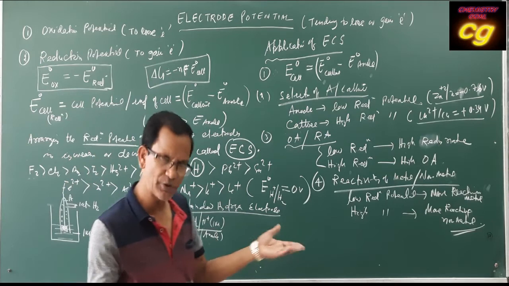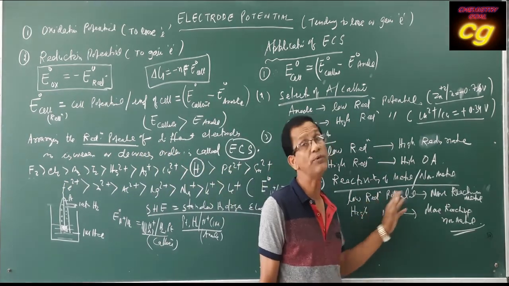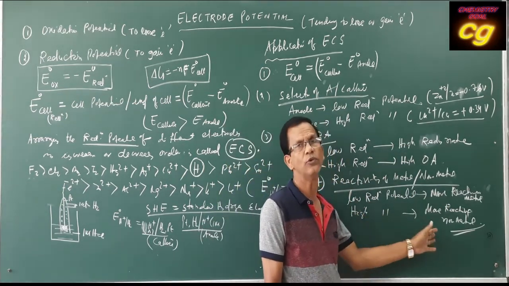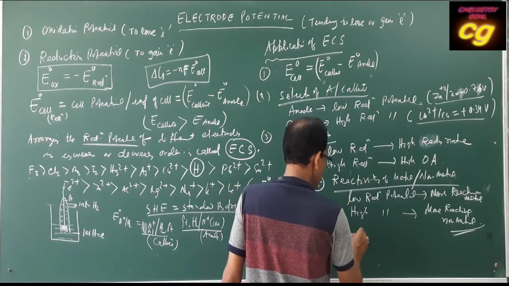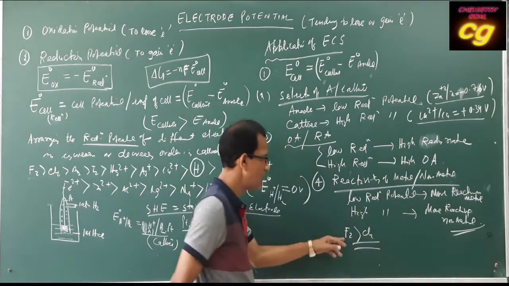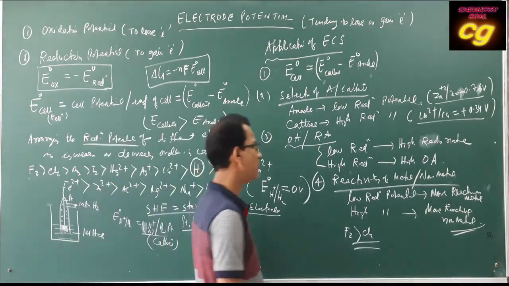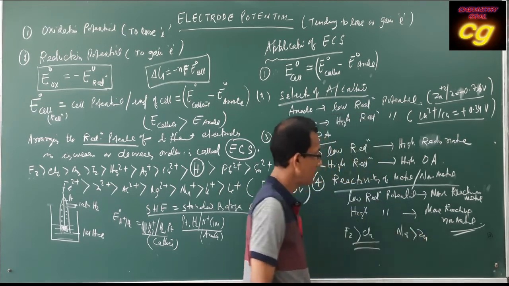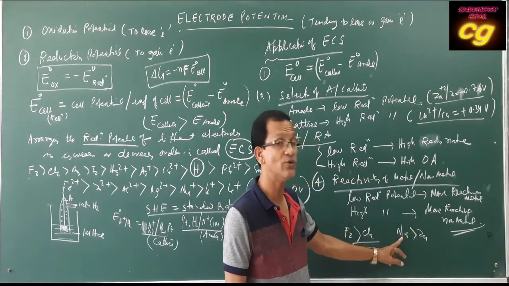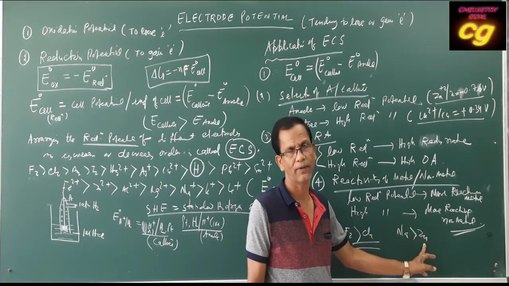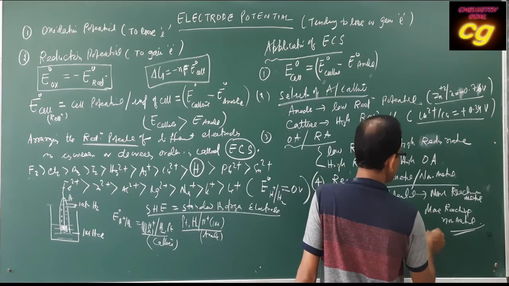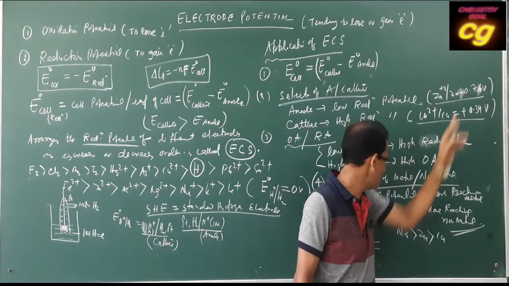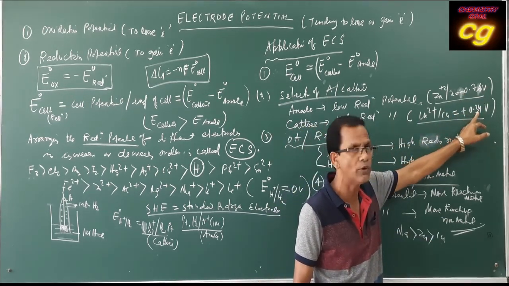When discussing metals, low reduction potential will be more active. Between non-metals, high reduction potential will be more active. For example, fluorine is more active than chlorine because fluorine has high reduction potential. Between sodium and zinc, sodium is more active because it has lower reduction potential. Zinc is more active than copper, since zinc has minus 0.76 volt and copper has 0.34 volt.